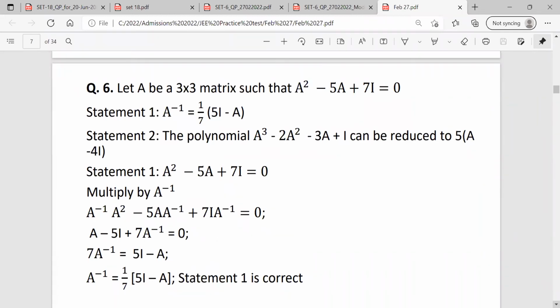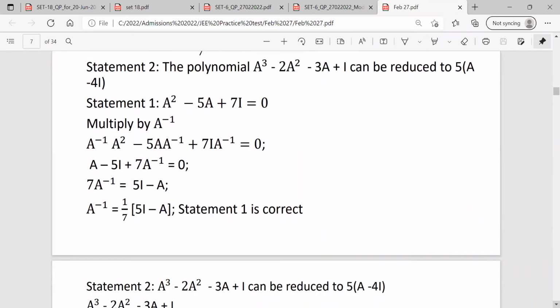So it will become A inverse A square minus 5A A inverse plus 7I A inverse equal to 0. After applying all the formulas that we have mentioned, we can rewrite this equation as A minus 5I plus 7A inverse is equal to 0.